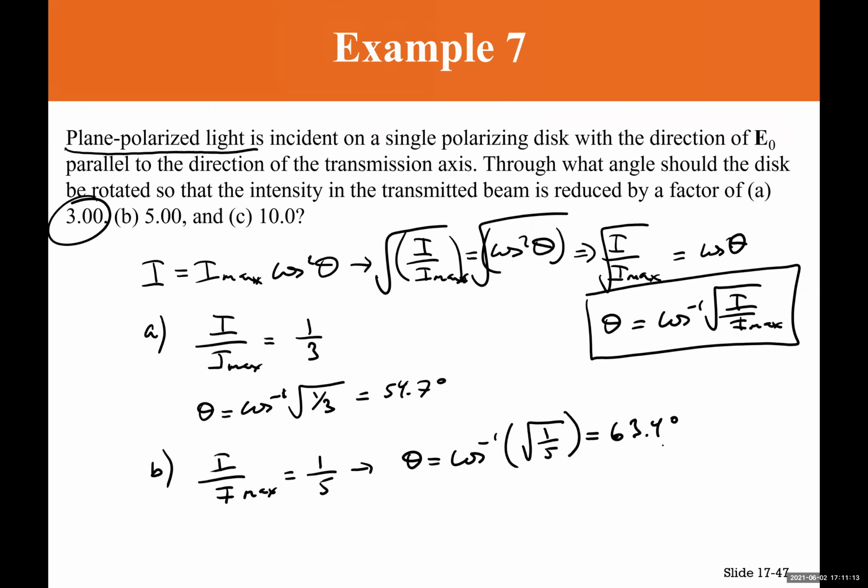And part C, I over I max equals 1/10, so theta equals inverse cosine of the square root of 1/10, which gives me 71.6 degrees. Those are the polarizing axes that I need to get this type of transmission beam reduction in ratios.